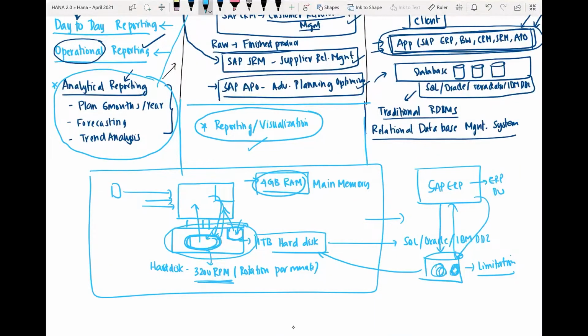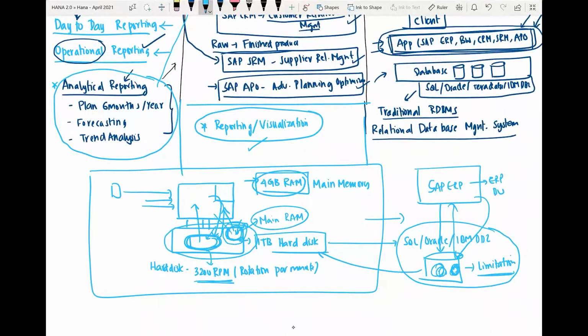Okay. So SAP looked at this and said, I am being limited by my traditional database. If you look at it, there is this small area called the main memory or your RAM. Whatever data was stored in my memory, I was able to retrieve extremely fast.